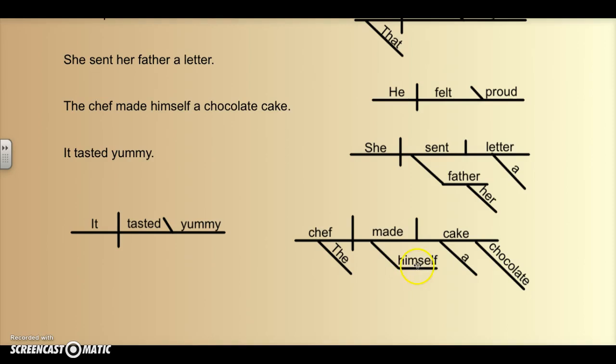It's for himself. The is the definite article modifying chef. A, indefinite article modifying cake. Chocolate, also describing the cake. And then finally, it tasted yummy. It equals yummy, so this would be a linking verb. Again, you have a predicate adjective, and it is pointing back to it.